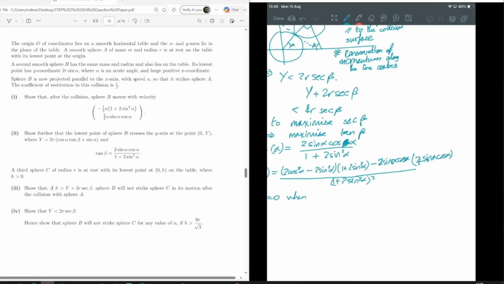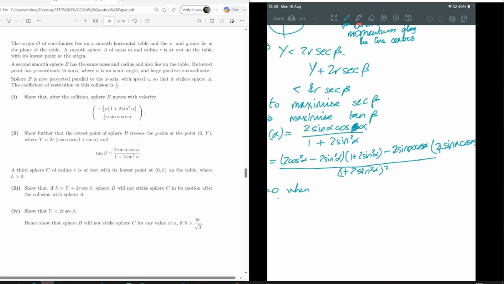How can I simplify the numerator without giving another headache? Not particularly easily. So let's just do it.